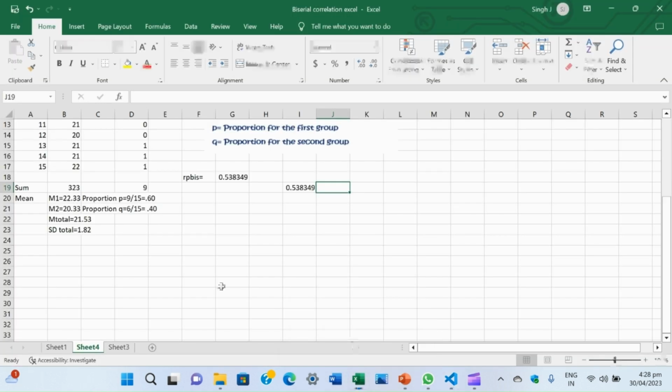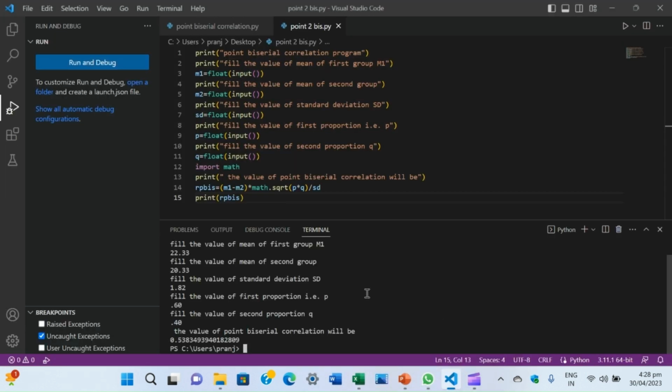Using Excel, we have already found the value of r point biserial as 0.538349, and the same value is being obtained by this Python program. So this program is working, and I hope that you will like this coding program.